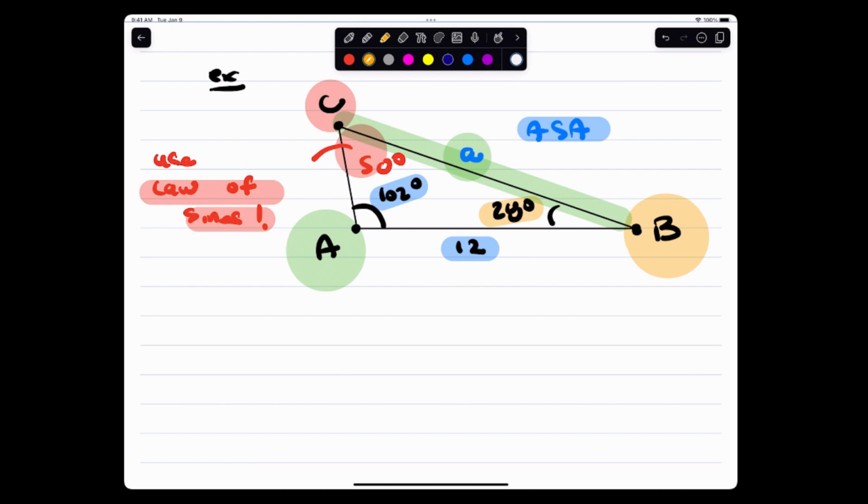What side is this? That's going to be little b. Now, what's this angle A here? This is going to be in what color? Isn't that green? And if I want to be consistent with colors, this is little c. Okay?